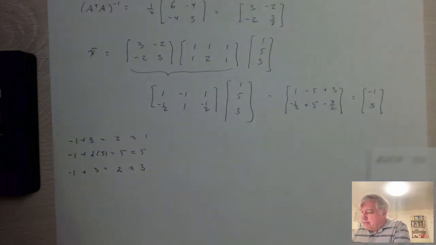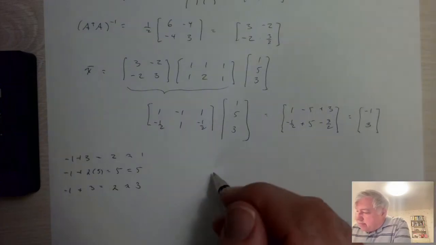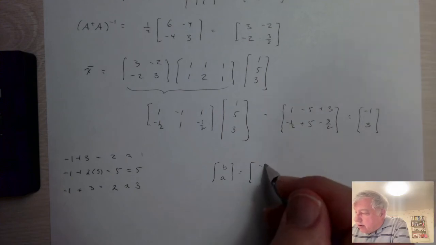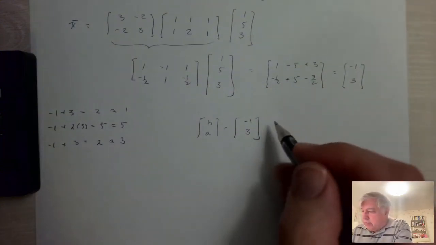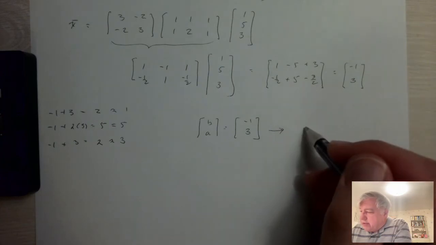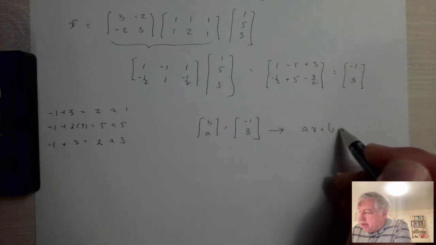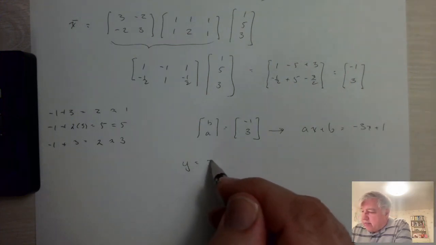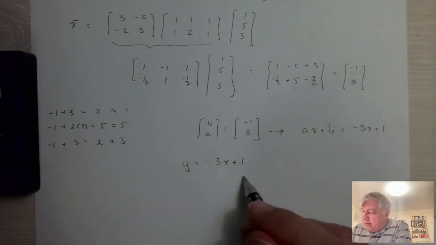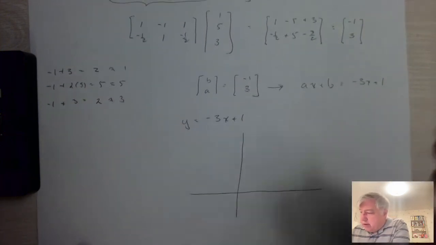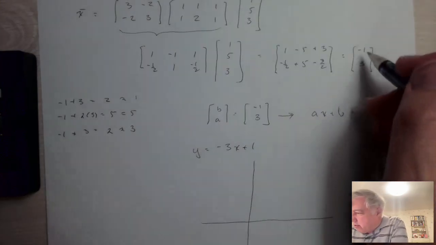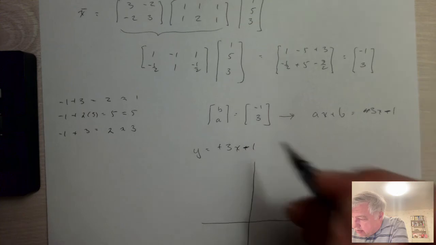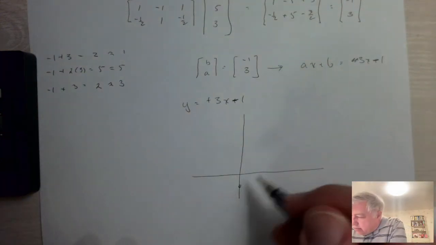So the solution from our example tells us that the line is y equals some slope times x plus an intercept, and that starts down here.